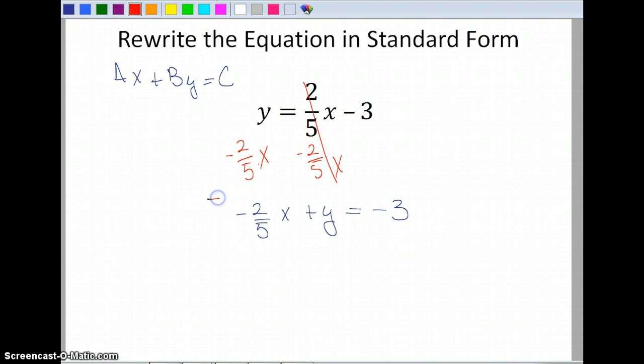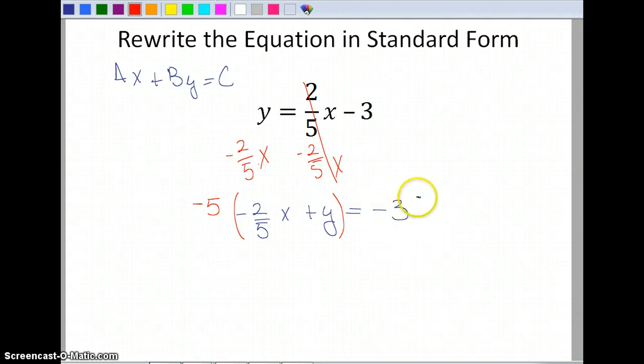I can multiply each and every term by 5. Now there's something else that I'm going to notice. So my coefficient of x, besides being a fraction, is it positive or negative? It's negative. So I remember that if I multiply a negative times a negative, I'm going to get a positive. So I'm going to choose to multiply by negative 5.